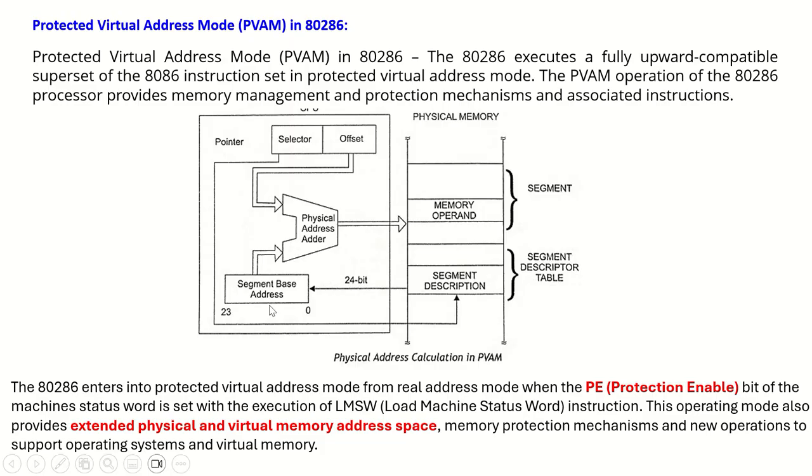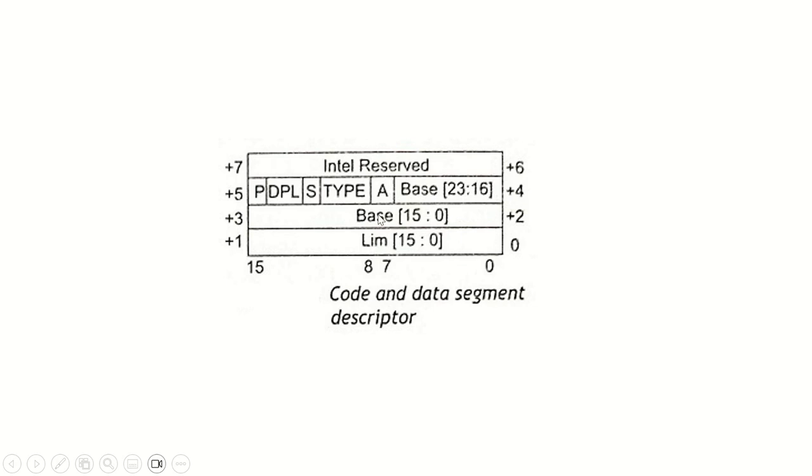So this 24-bit base address is coming from the descriptor, that is your 3rd byte, 4th byte and the 5th byte. Your 6th byte is the access rights, 1 byte, which is the attributes for every descriptor, the characteristics.